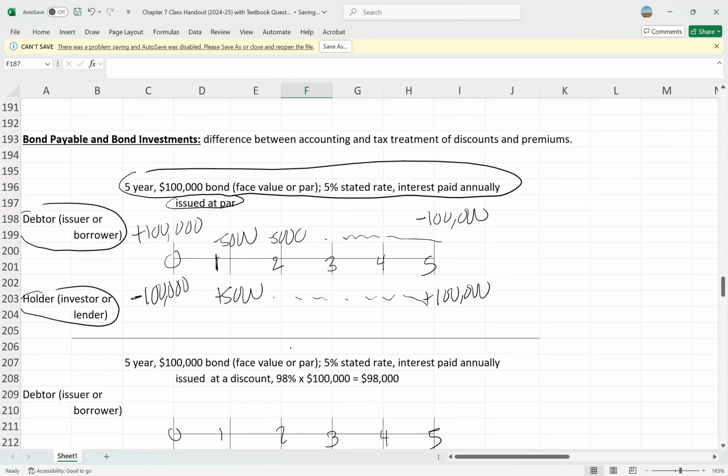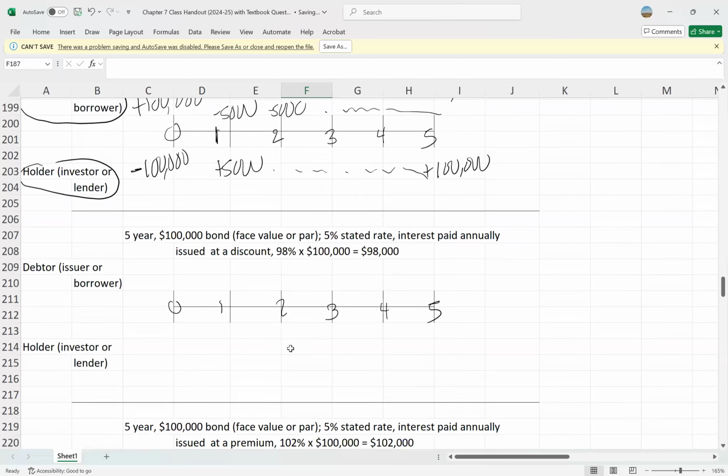We learned in our accounting classes that sometimes the bond may be issued at a discount. So same thing, 5-year bond, $100,000 face value, 5% interest, 5,000 interest a year. But what if the bond was issued at a discount? Discount means less than 100% of the face value. So let's say this bond was issued at 98% or 98,000.